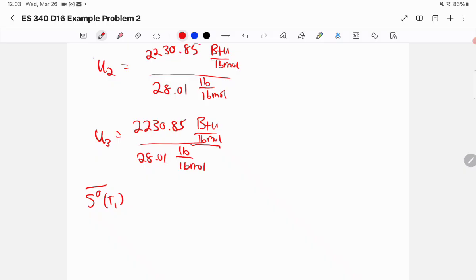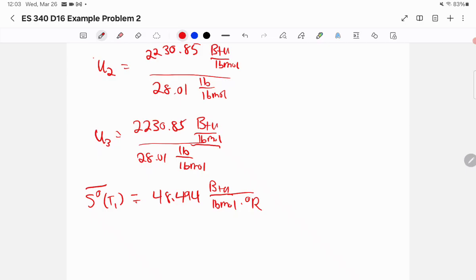And that is going to be given as, for the first temperature, 48.494 BTU per pound mole times degree R.